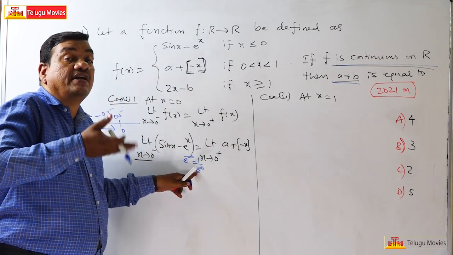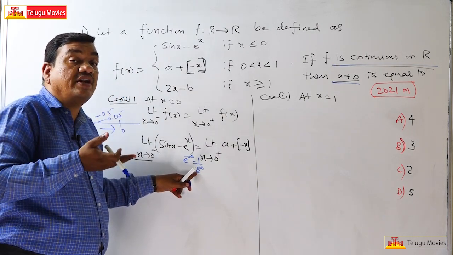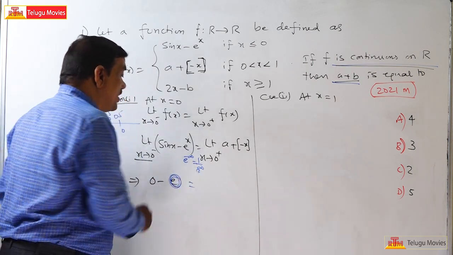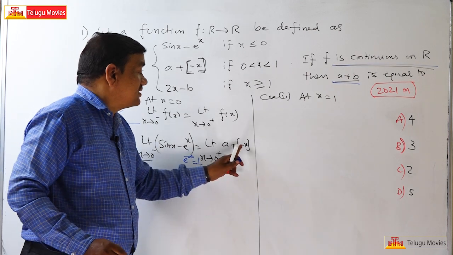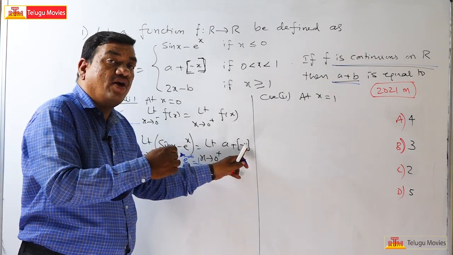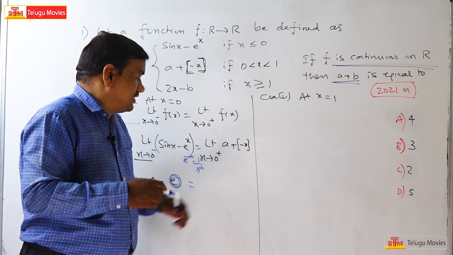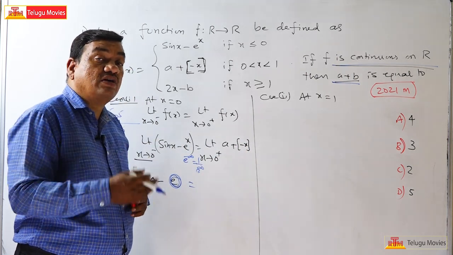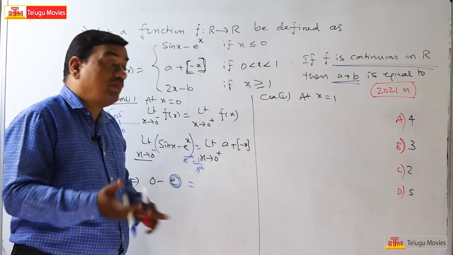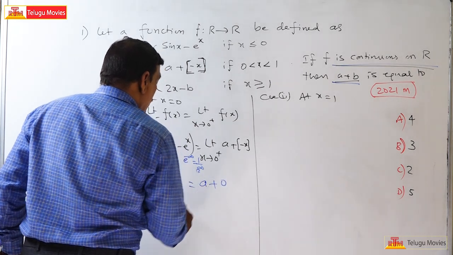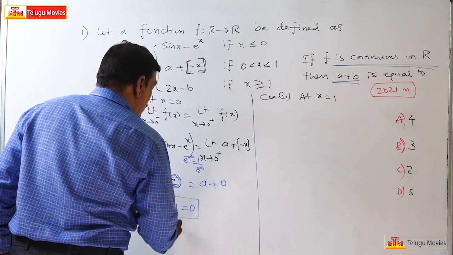The denominator keeps increasing, so the function value will become 0. As x tends to 0 plus, step of minus x will be 0 for 0.1, 0.5, 0.6, everything, you will get 0. That means a plus 0, therefore a is equal to 0 we got.